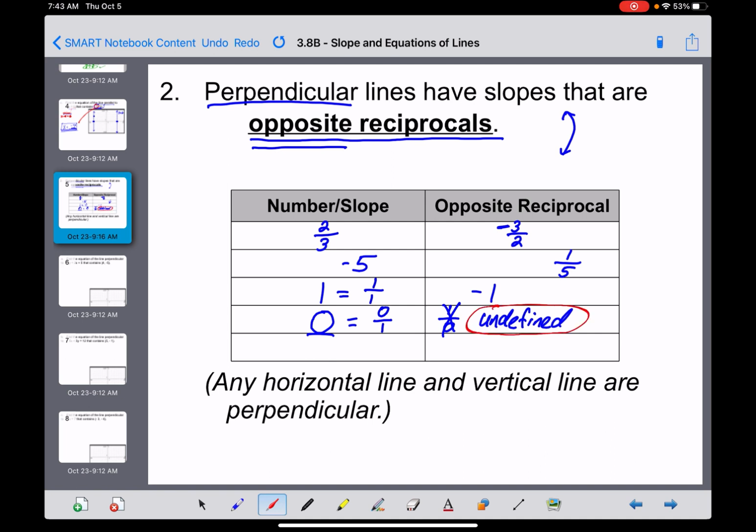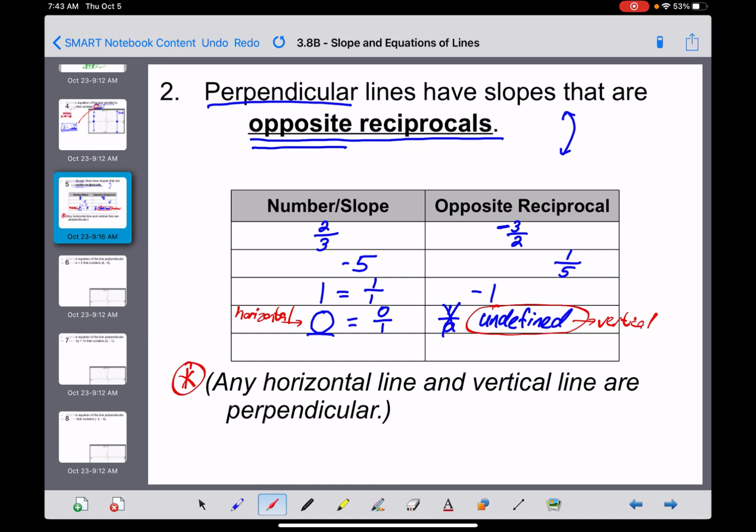So, with that idea in mind, this statement right here becomes really, really important, guys. What kind of line has a slope of 0? That would be horizontal, if we remember from 3.8a. And then, a line perpendicular to it would have a slope that's undefined, and that would be a vertical line. So that's where this statement comes from here, guys.